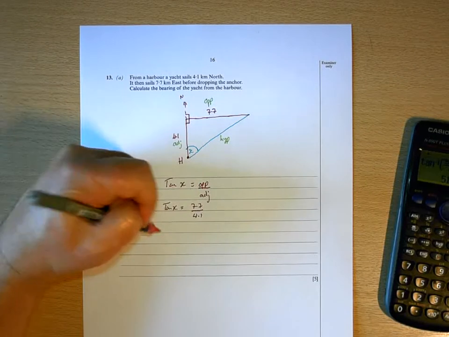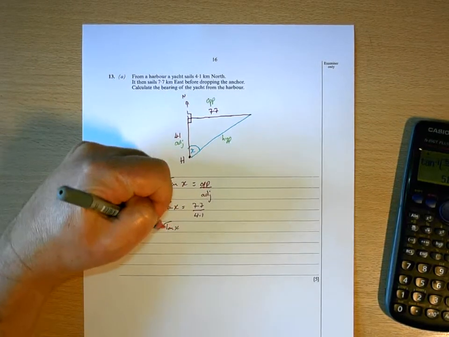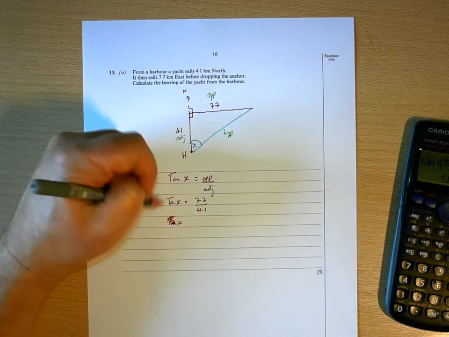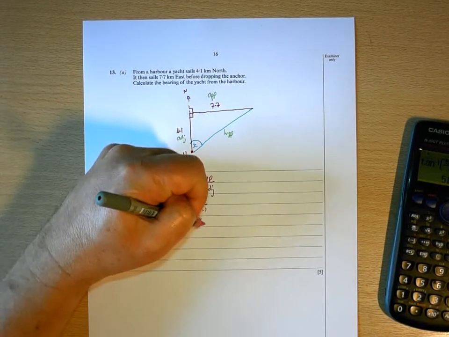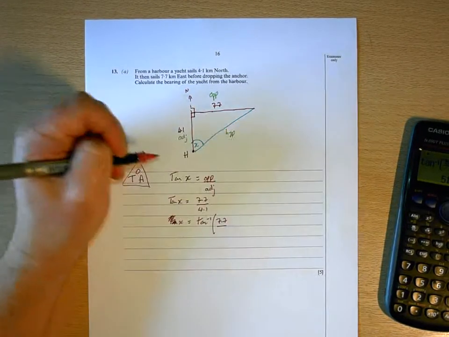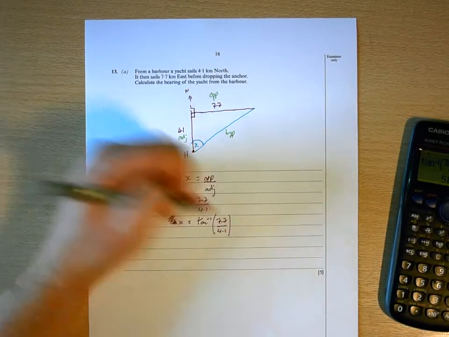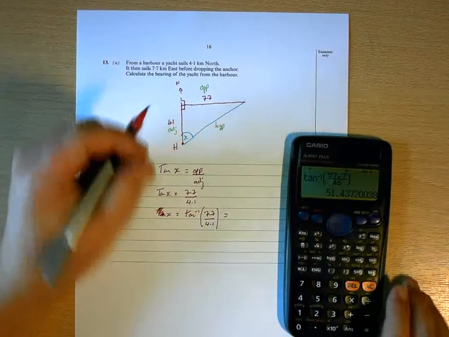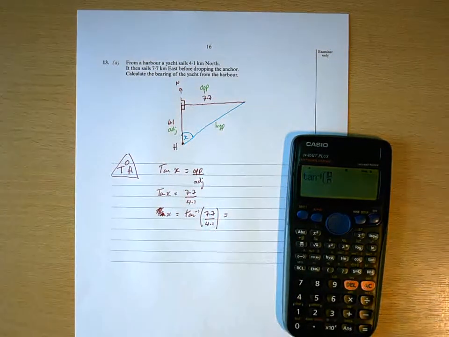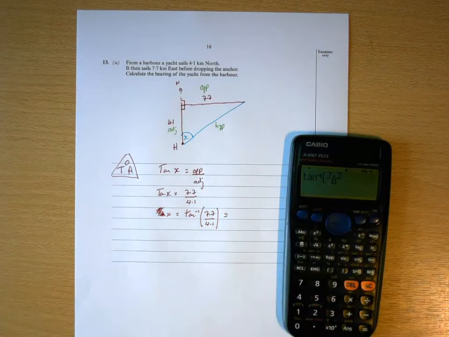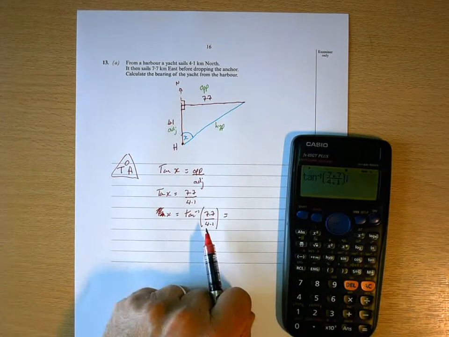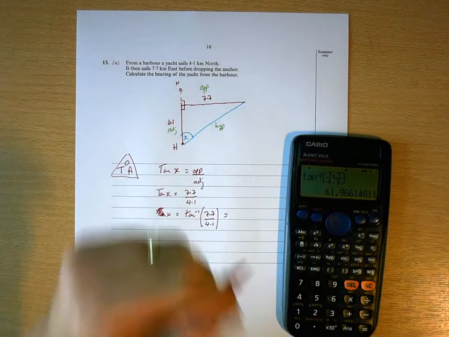Now to get the x on its own, we need to undo the tan, which is tan with a little minus 1, 7.7 over 4.1 equals. On your calculator, shift tan, fraction button, 7.7 on top, 4.1 on the bottom, close the bracket, looks exactly the same, press equals, 61 point.